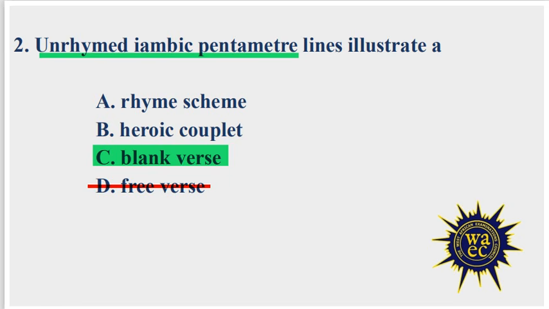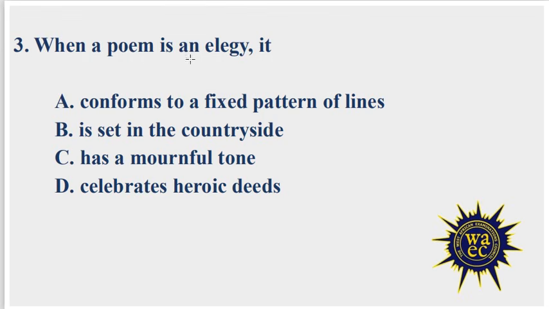Let's move to number 3. When a poem is an elegy, it A, conforms to a fixed pattern of lines. B, is set in the countryside. C, has a mournful tone. D, celebrates heroic deeds.